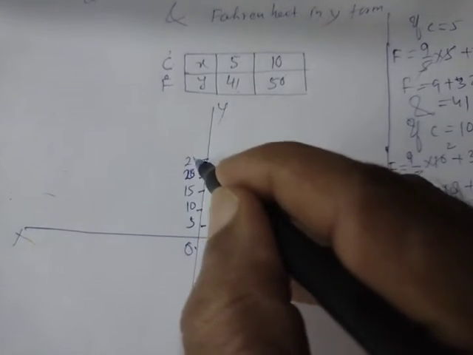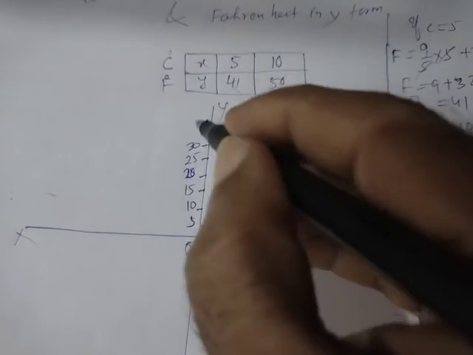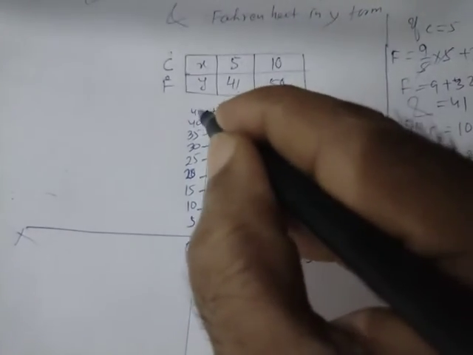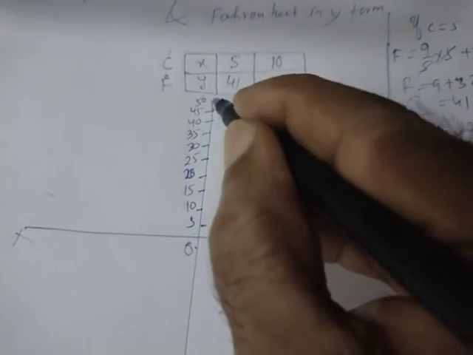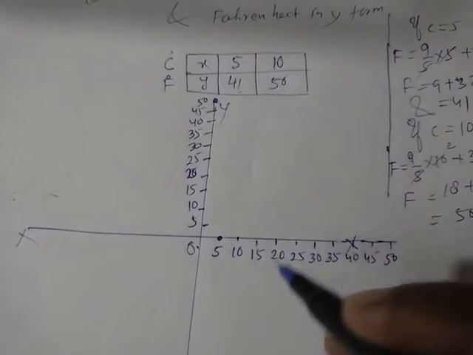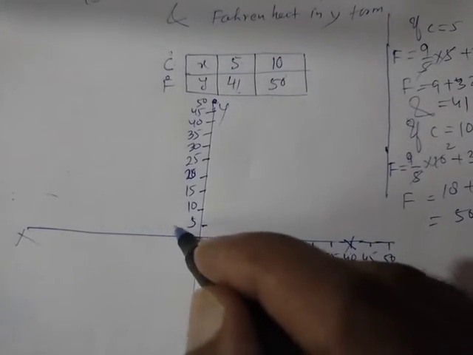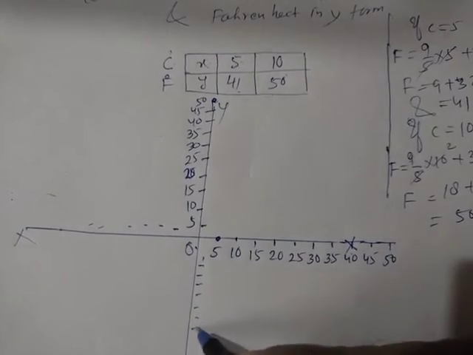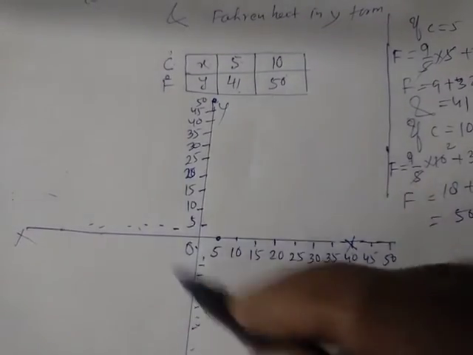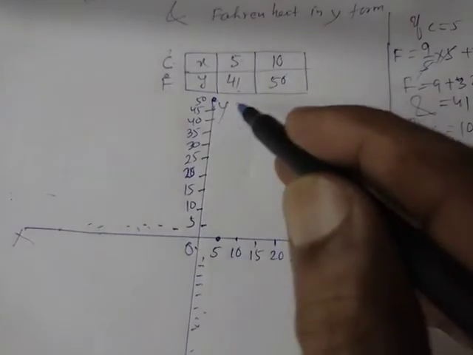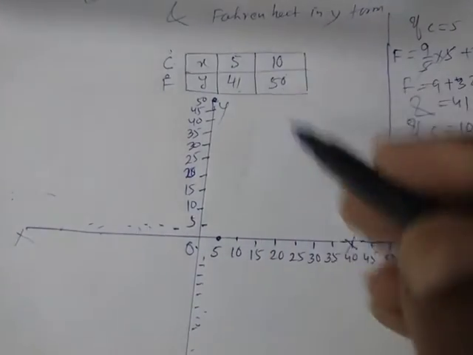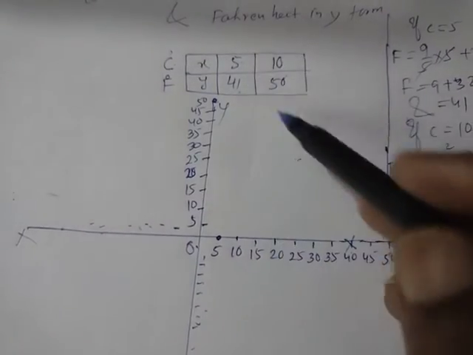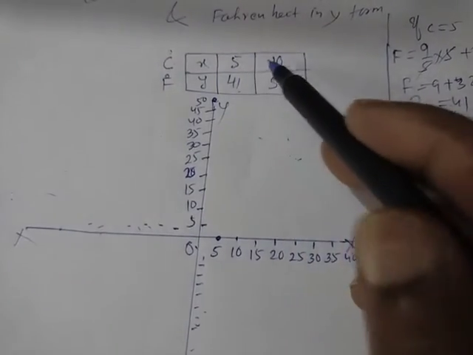Here will be minus, and here will be minus also, but there is no use of this portion. So you have to draw your graph only in the first quadrant, because in the first quadrant both x and y are positive.